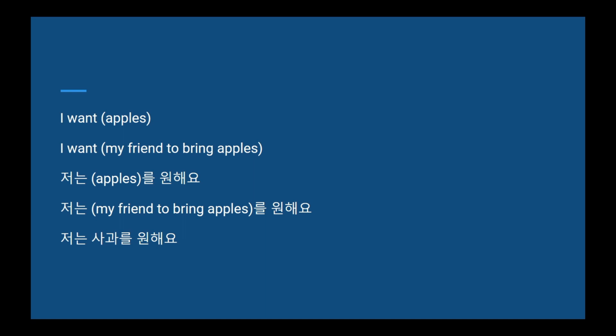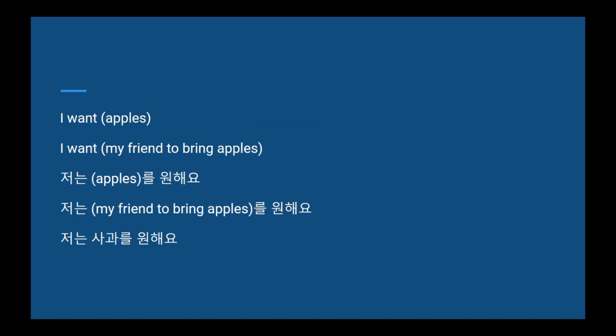Now, for the second one, let's move over here. Let's look at just my friend brings apples. 친구는 사과를 가져와요. Now, this sentence is a perfect sentence on its own. Now, what we want to do is put it over here.